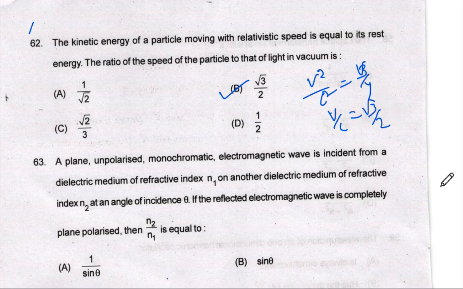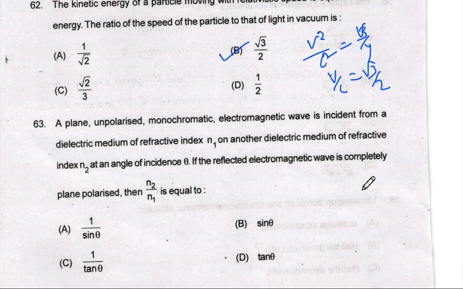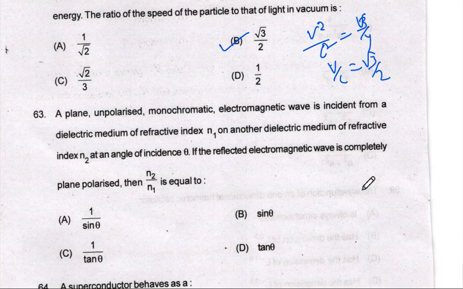Next question, number 63. A plane unpolarized monochromatic electromagnetic wave is incident from a dielectric medium of refractive index n1 to n2 at an angle theta. The reflected electromagnetic wave is completely plane polarized. Then n2 by n1 is equal to what?